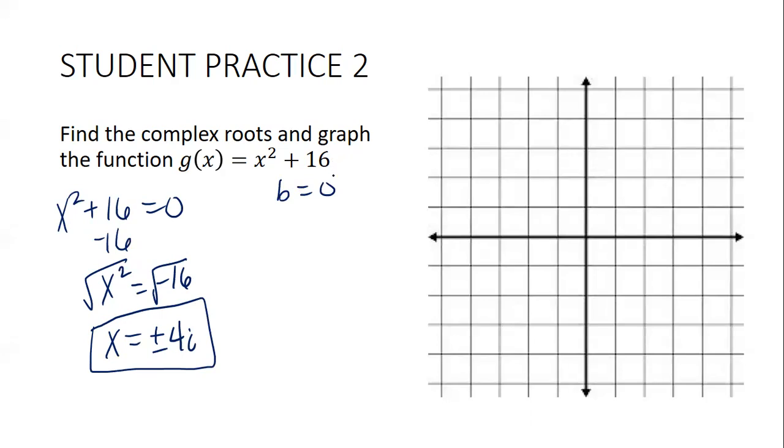Do we see that? I'm going to go to the graph and count by 4s. I'm going to go to 16. And if I plug in -1 here, I'm going to get 17, which is going to be roughly here and here.